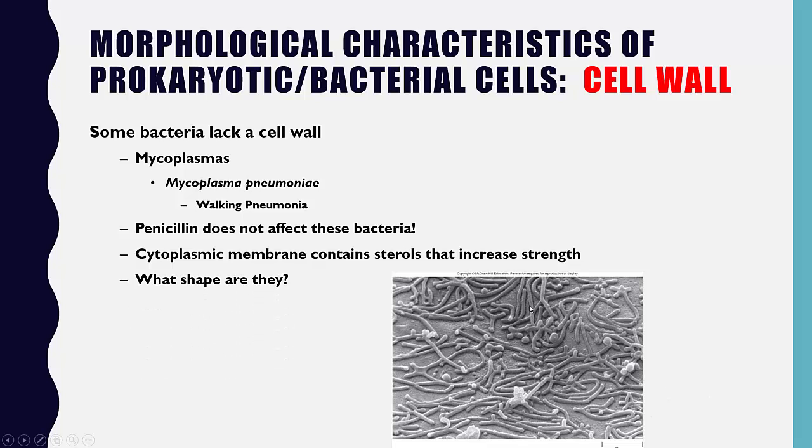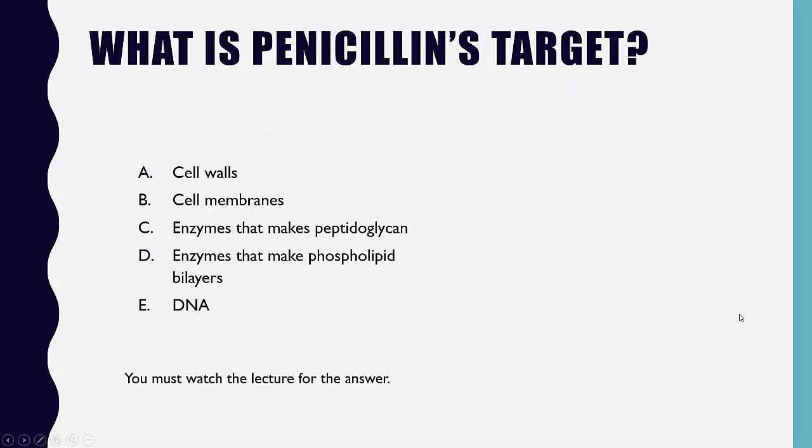So let's take a moment and review. What shape would you call these guys? That's one bacterial cell. Pleomorphic, many shapes. Yes, good. So what is penicillin's target? The cell wall, the cell membrane, enzymes that make peptidoglycan, enzymes that make phospholipid bilayers, or DNA? If you said cell wall, you're wrong.